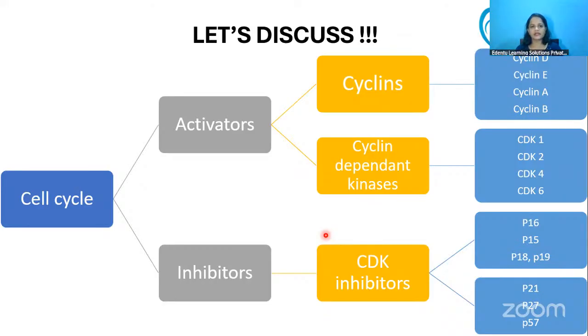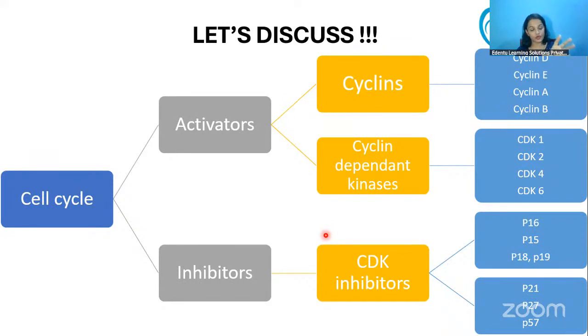But there should be some checkpoints or limitations for this cell cycle also. So we have something called cell cycle activators and cell cycle inhibitors. Like the name suggests, cell cycle activators are the ones that activate the cell to go through this cell division process.